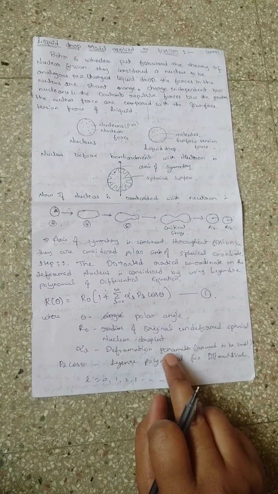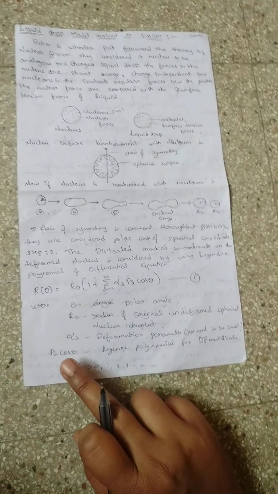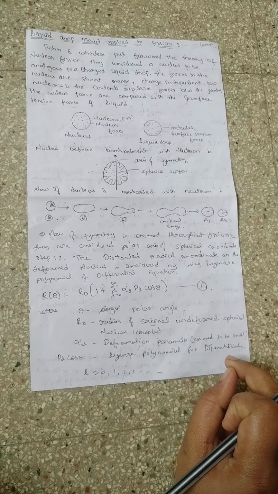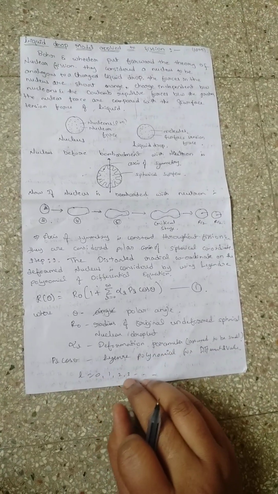We are assuming the deformation parameter is small. P L cos theta is the Legendre polynomial for different L values.